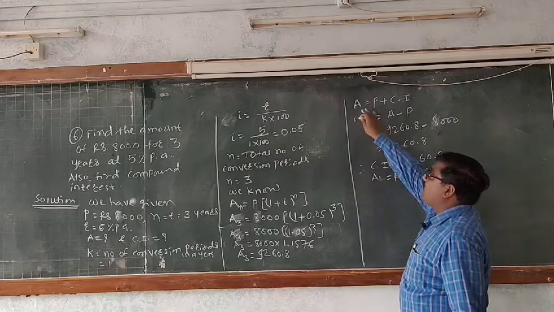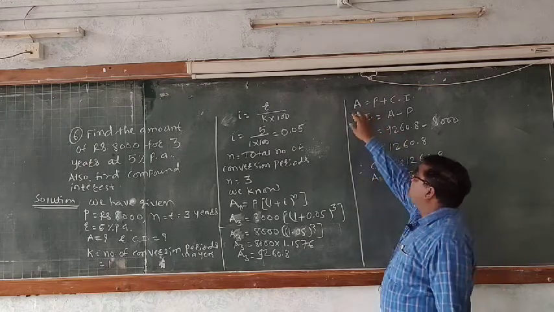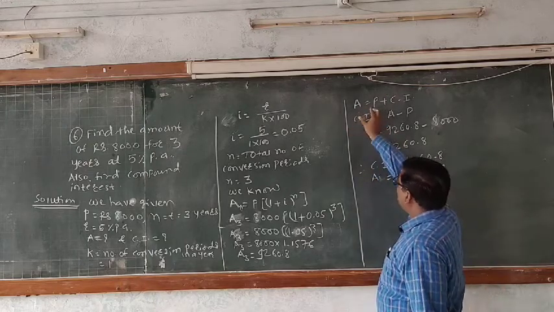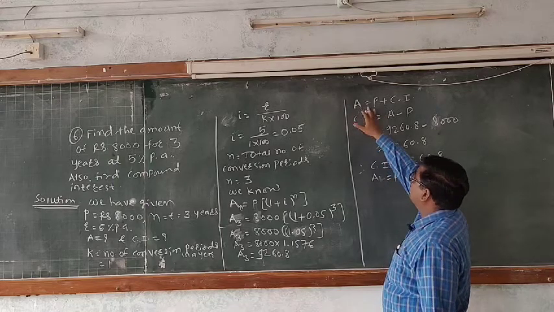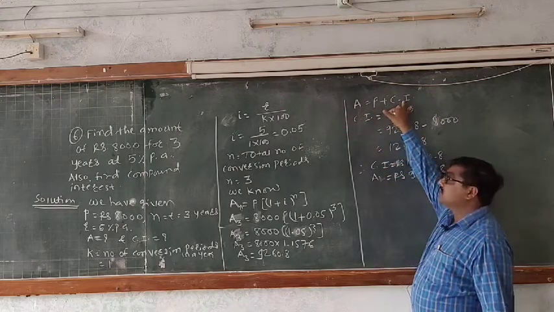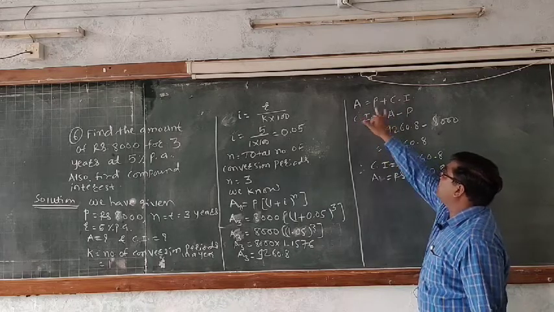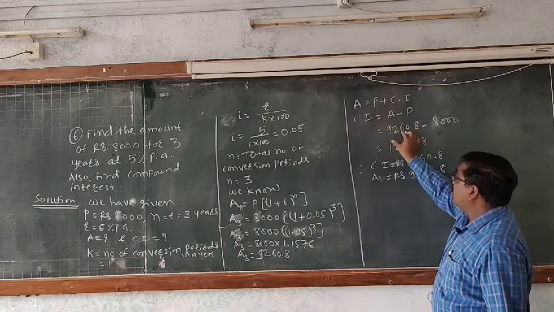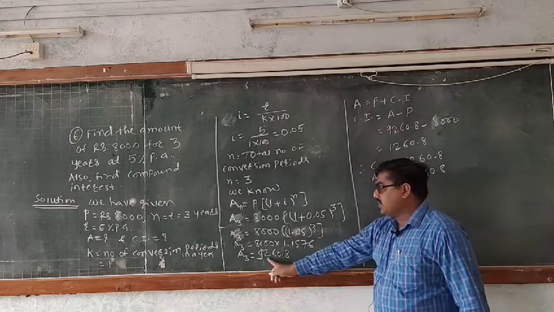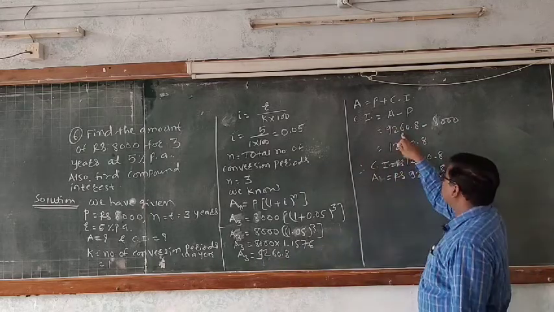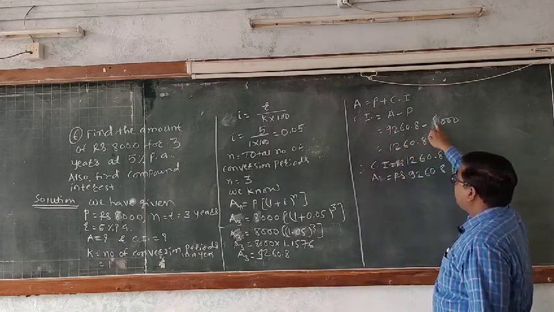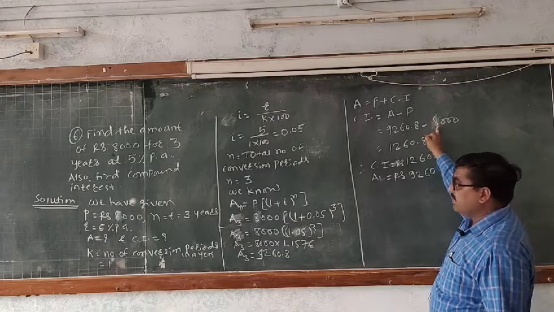The original formula is amount equals P plus compound interest. So compound interest equals A minus P. We have amount 9,260.8 minus P, which is 8,000, the given term.